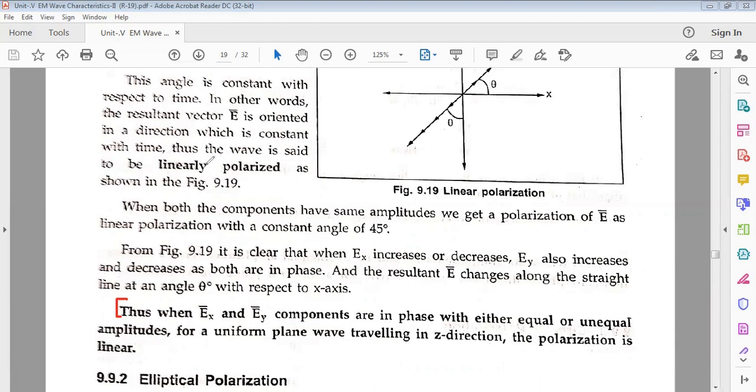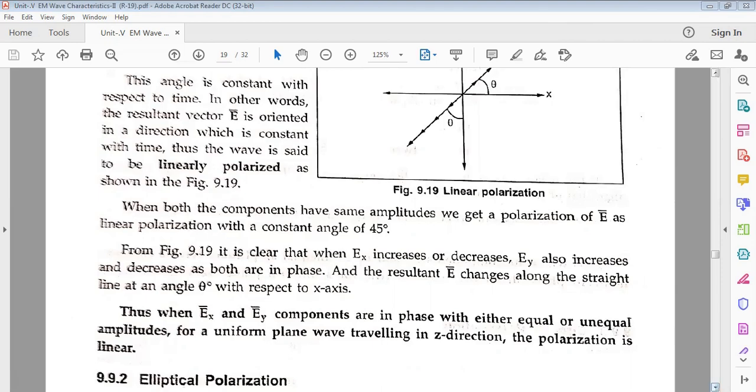Thus, the wave is said to be linearly polarized. When Ex bar and Ey bar components are in phase with either equal or unequal amplitudes for a uniform plane wave traveling in Z direction, the polarization is linear. Okay.